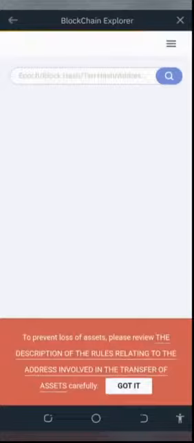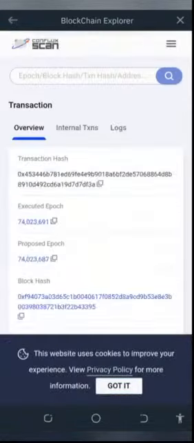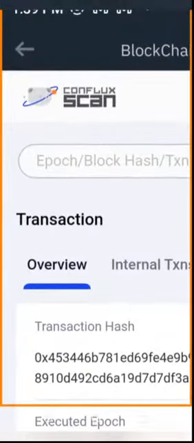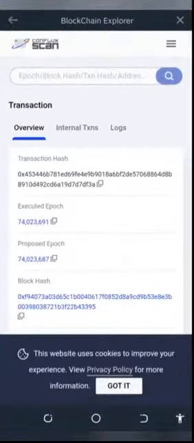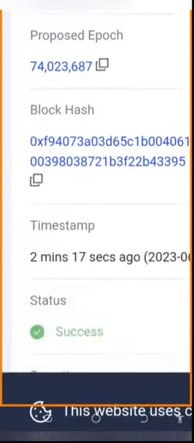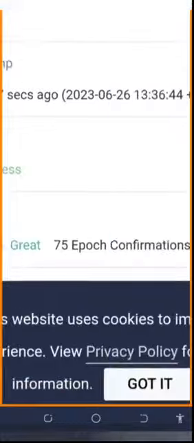It takes time. Let's see what is going on here. Is there anything we need to check? This is Conflux Scan. It's still doing its thing. Still working. It says success. Actually, the status is success.